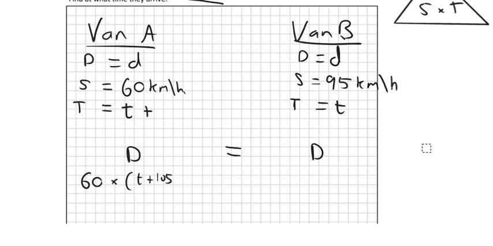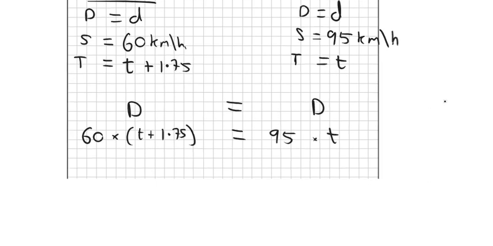Or sorry, 1.75, because it's 1.75 hours. So we're putting everything in hours, and that has to be equal to speed multiplied by time, so 95 multiplied by T. So that would just be 95T.